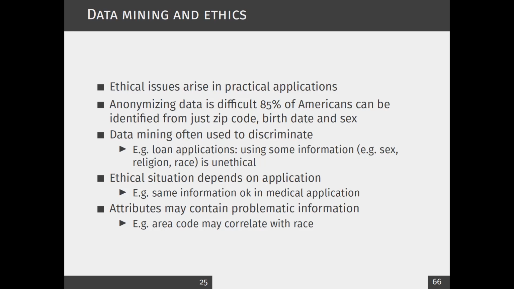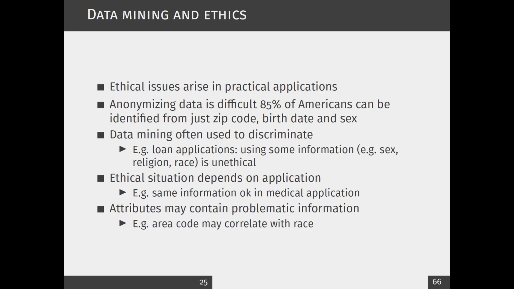So data mining, we can always see it's used to discriminate. For example, in loan applications, if you use things like gender, religion, and race, it's unethical. And then we have ethical situations depending on the application. Some information is okay in the medical domain.